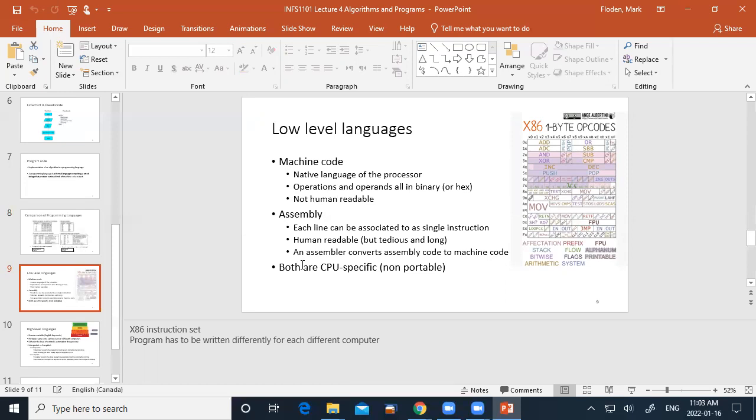Whereas higher level languages tend to interface with an operating system, and they can interface with many operating systems. Assembler language is only going to work on one type of computer. You're going to have a different assembler for every different type of computer.